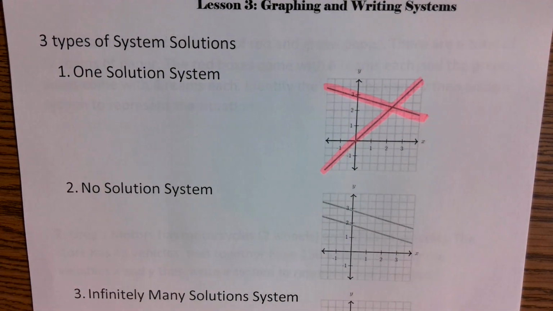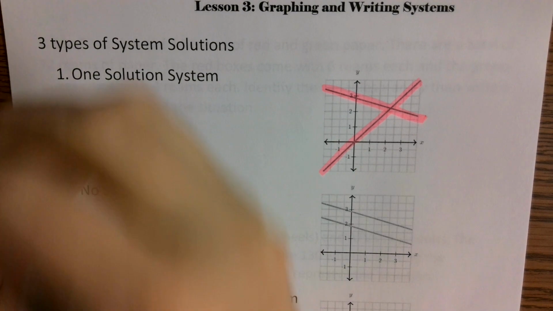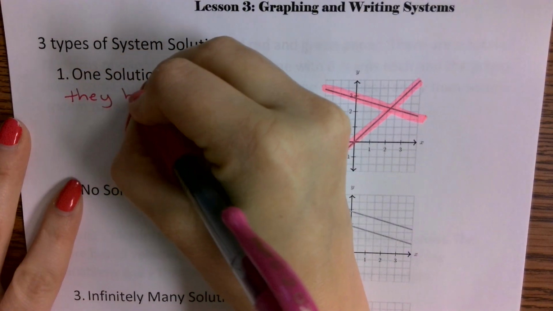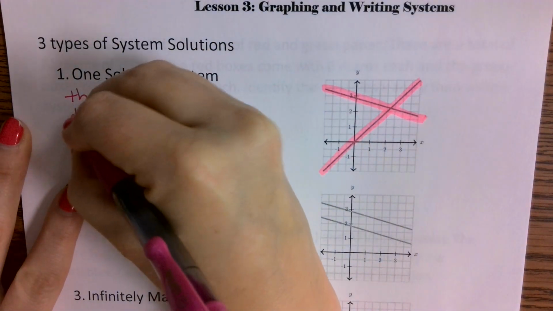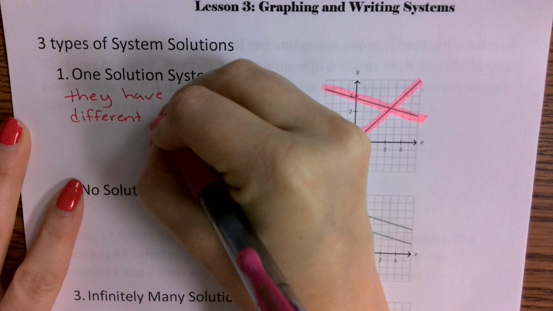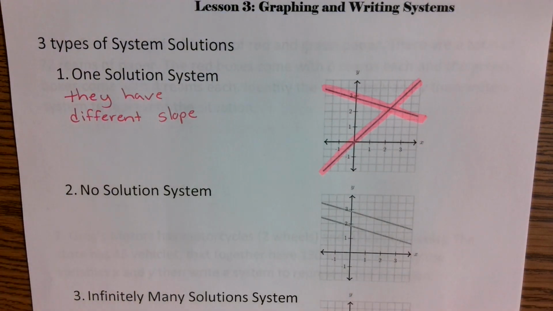What was really important to understand is when you have them written in slope-intercept form, you would notice that they have different slopes. So their m values are going to be different. Maybe one of them is positive and the other one is negative, or they might just be different numbers.